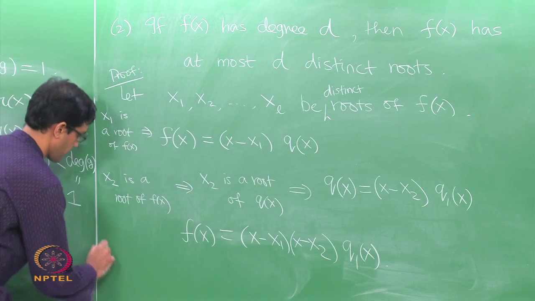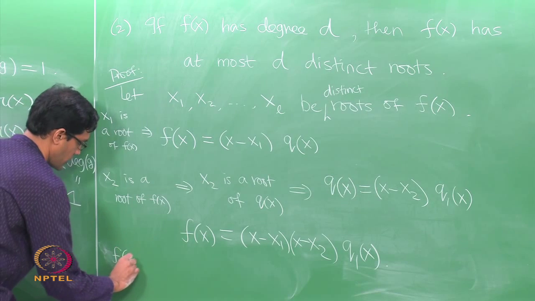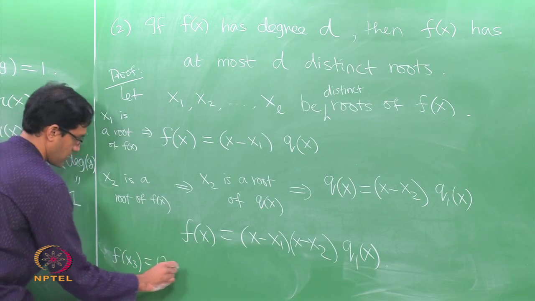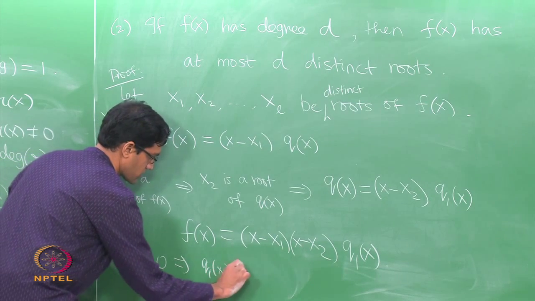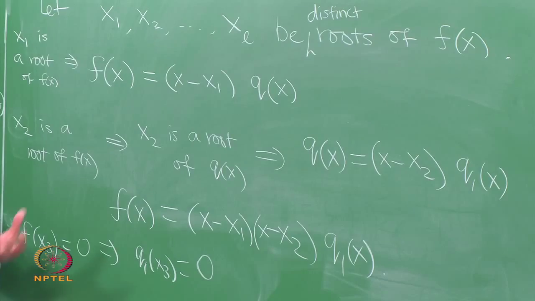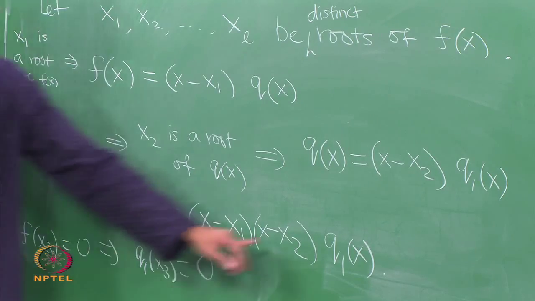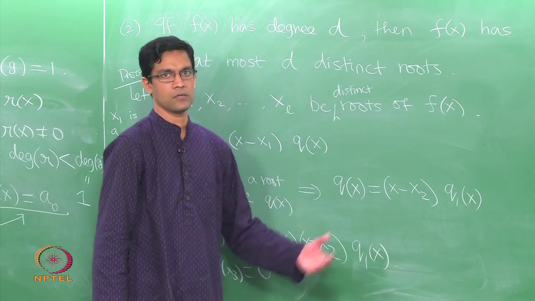So again we conclude the same thing, x3 being a root of f, so f of x3 is 0, therefore implies that this quotient q1 must have x3 as a root. So again you do the same thing, therefore x minus x3 must appear in q1, you can write it as x minus x3 times something, let us call it q2, and now you keep proceeding.